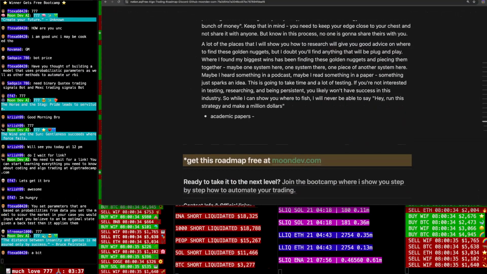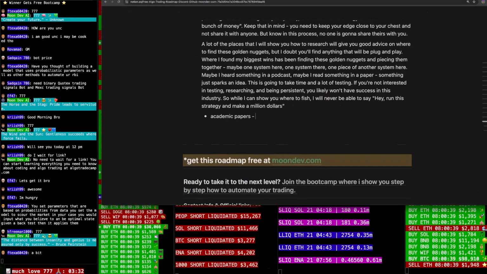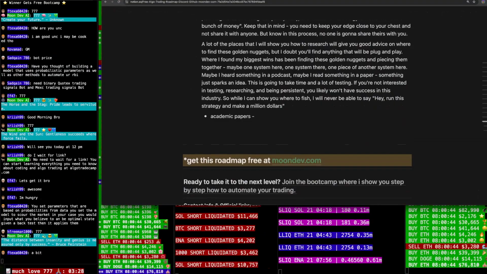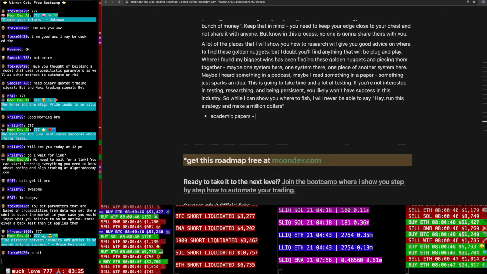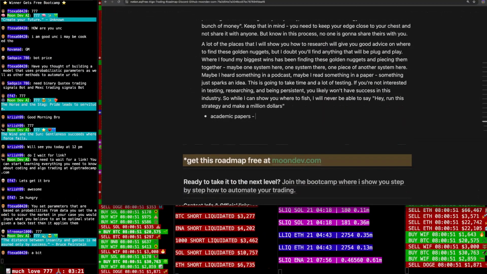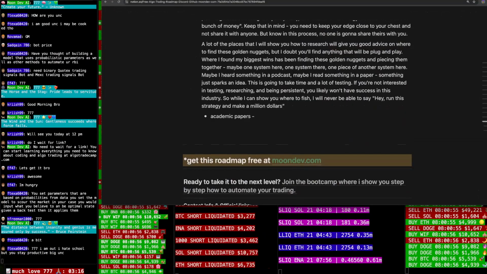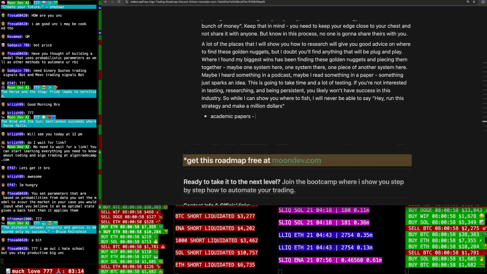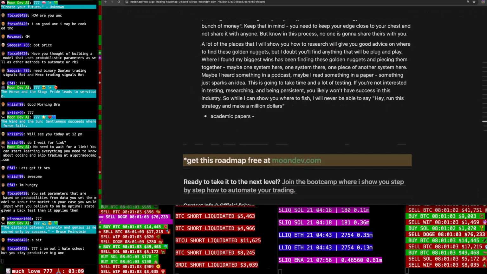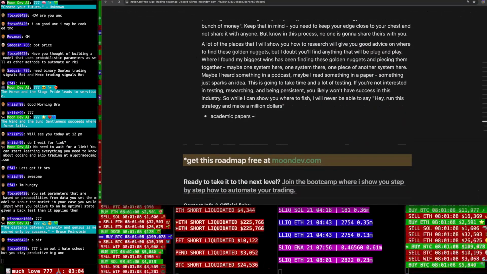A lot of the times I'll read some of these papers and I'll notice that they're not even incorporating fees into their research, which kind of nullifies a lot of their strategies. That being said, if you go in with the expectations of, hey, I'm just looking for ideas, I'm not looking for a plug and play, then your expectations will be set right and you'll probably find some great stuff in these papers.